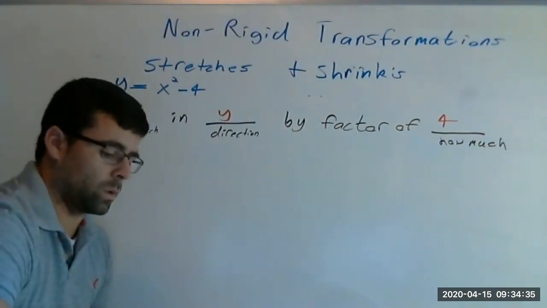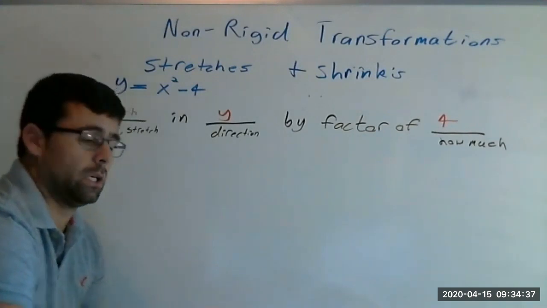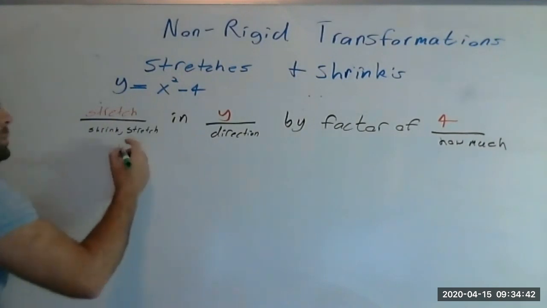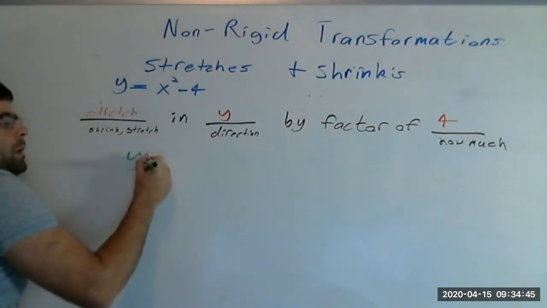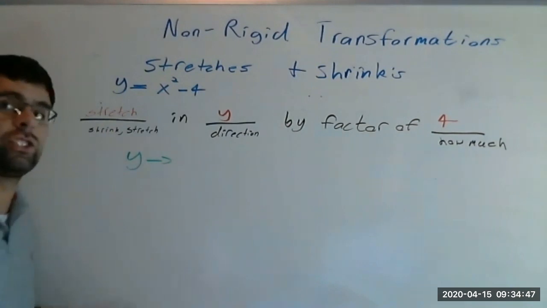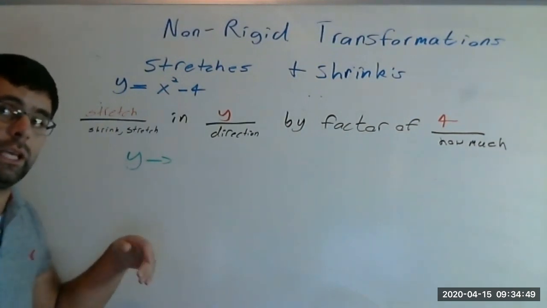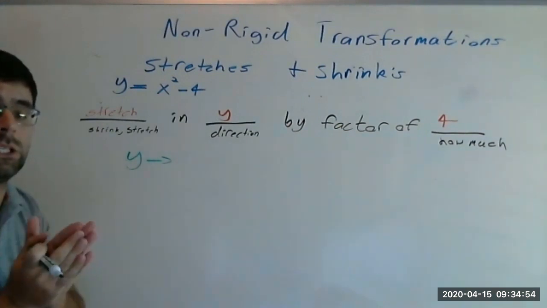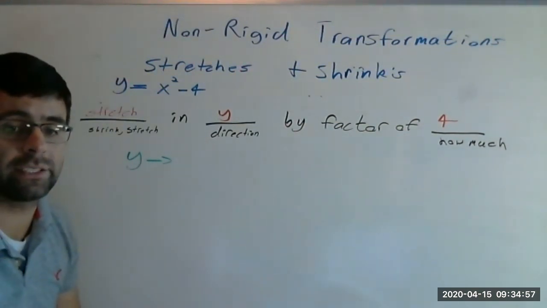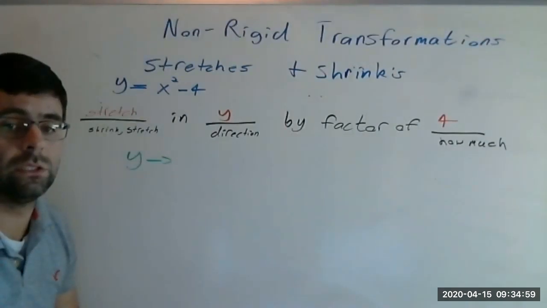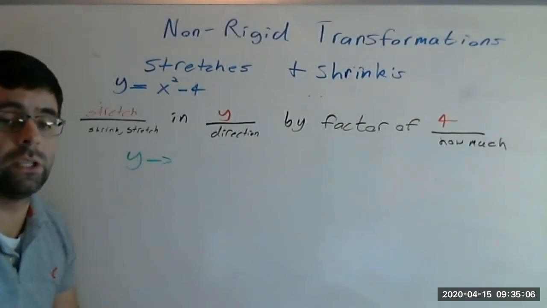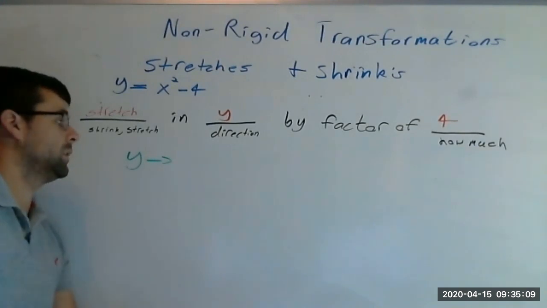So we're going to change the y variable because we're changing it in the y direction. And we are stretching it in the y direction, which means we're going to shrink the x direction. I'm sorry, not shrink the x direction, shrink the y axis.